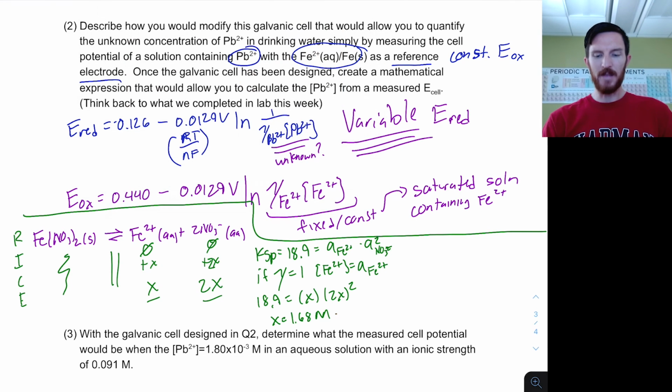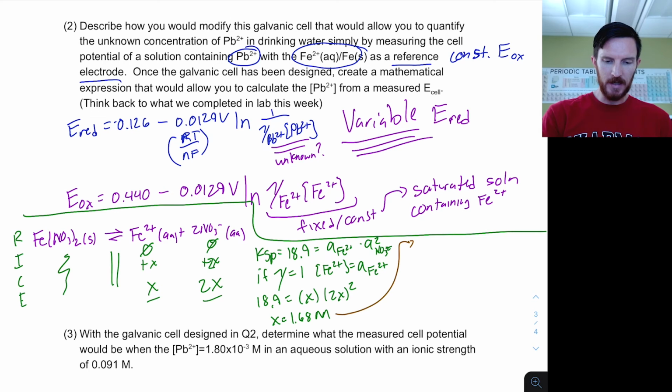Well, once we have that, and I'm not going to show all the details of how we calculate this, I think we're comfortable calculating our ionic strength. We would find our ionic strength is 5.04 molarity from these concentrations of nitrate, so double this concentration, and then here we have our iron at 1.68.